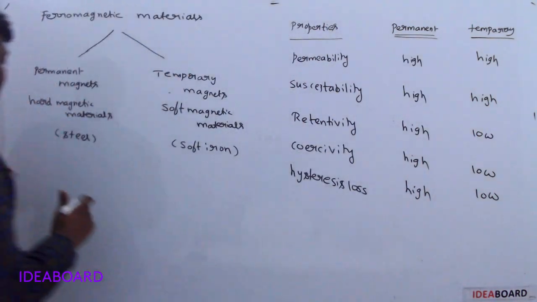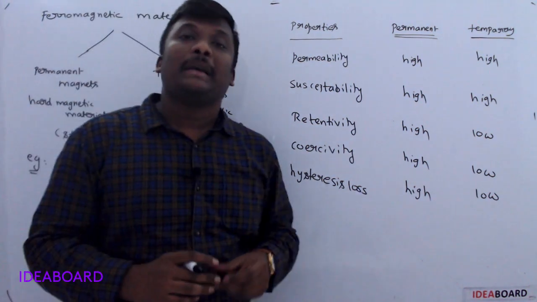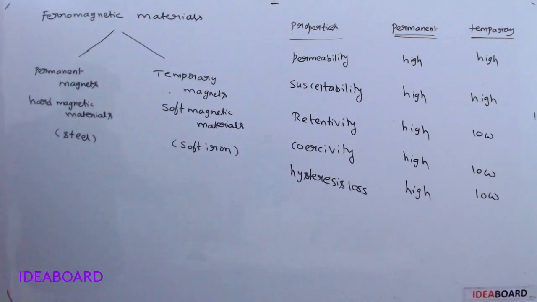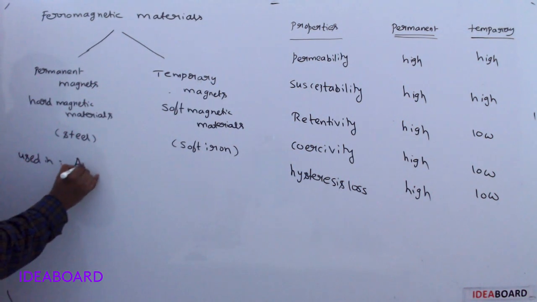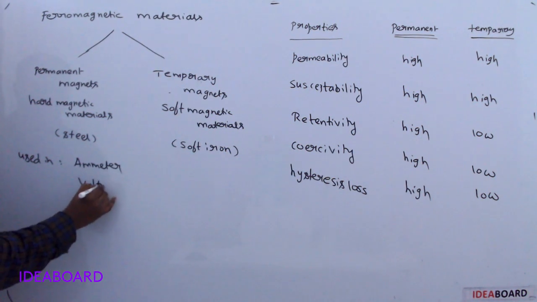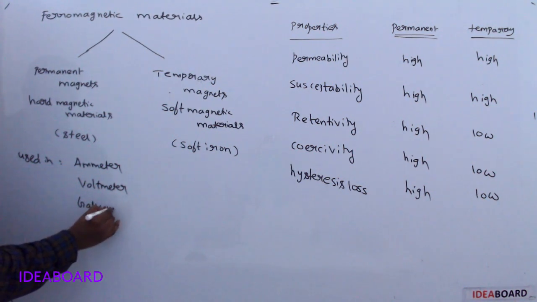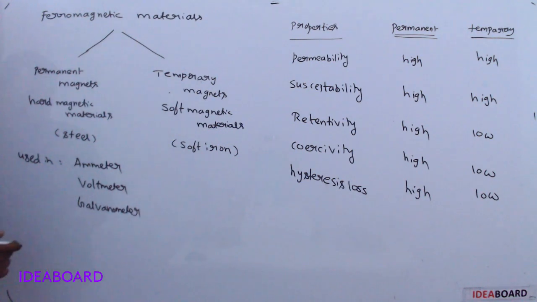Are there any examples of where we use these permanent magnets? Permanent magnets are generally used in ammeters, voltmeters, and galvanometers.